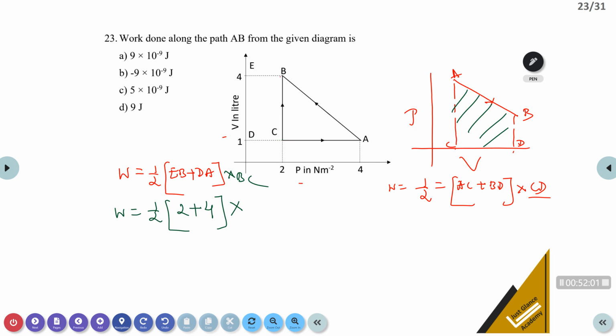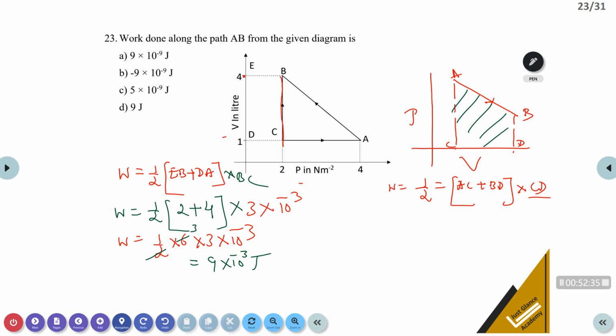BC is from here to here, 4 minus 1, which is 3. It is in liters, so we need to convert into meter cube, that is 10 to the power minus 3. Work done equals 1 by 2 into 6 into 3 into 10 to the power minus 3, which is 9 into 10 to the power minus 3 joules.